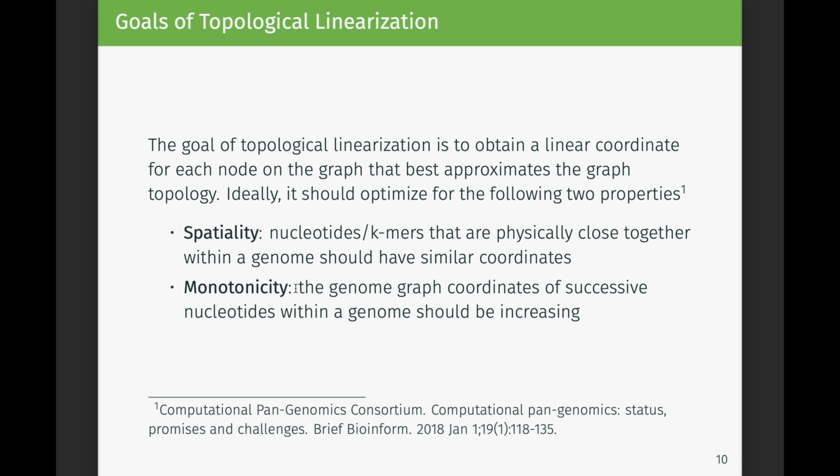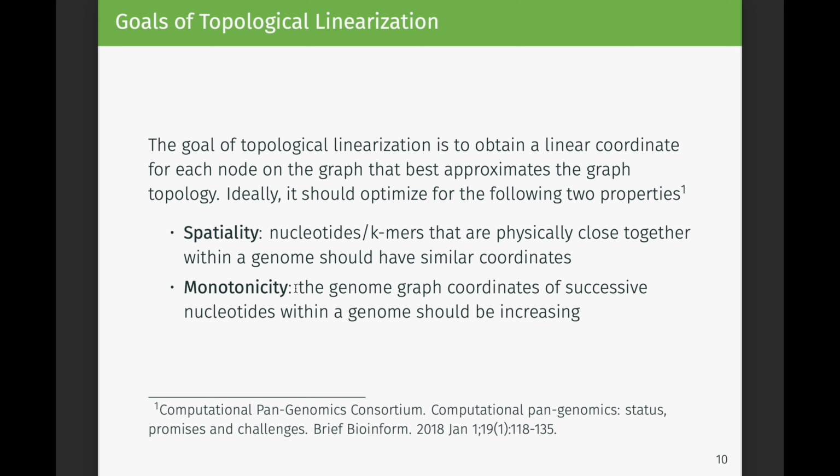The goal of topological linearization is to obtain a linear coordinate for each node on the graph that best approximates the graph topology. Ideally, the coordinates should optimize for two properties: spatiality and monotonicity. These are very intuitive notions.